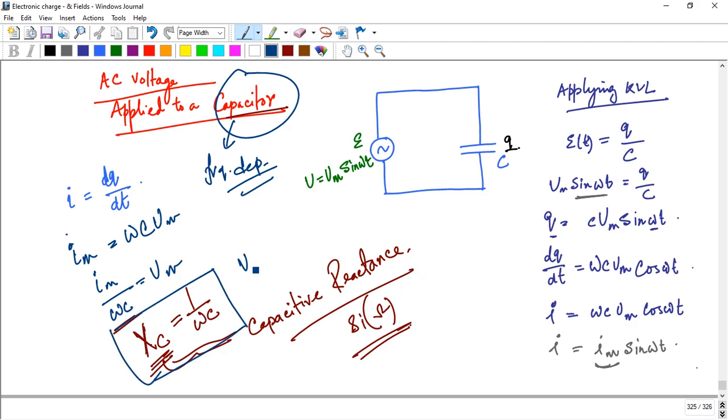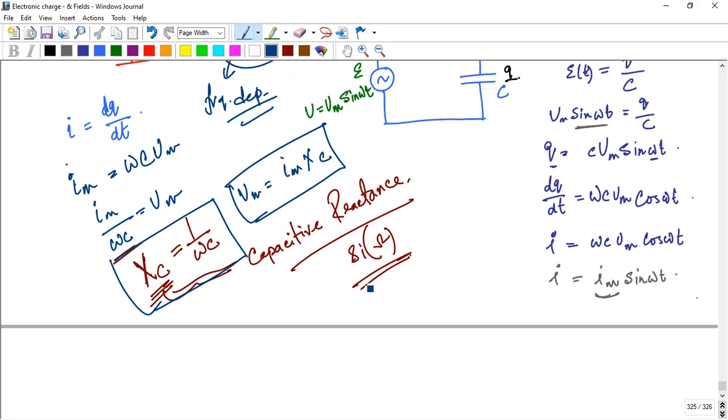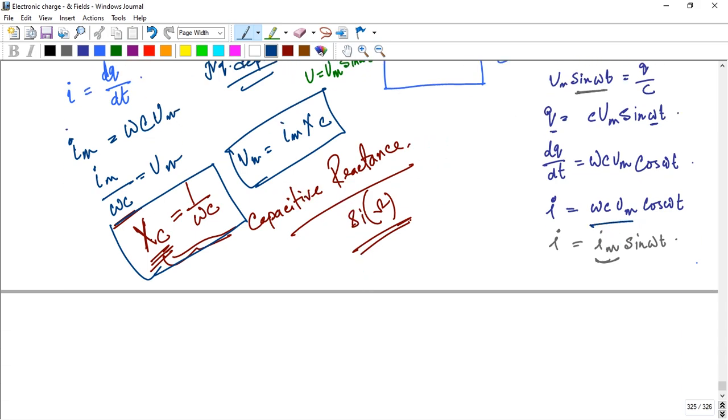So the final expression is Vm equal to Im XC. Now for the maximum current, the cos here converts to sine. With the help of trigonometry, cos omega t is equal to sin of omega t plus pi by 2.